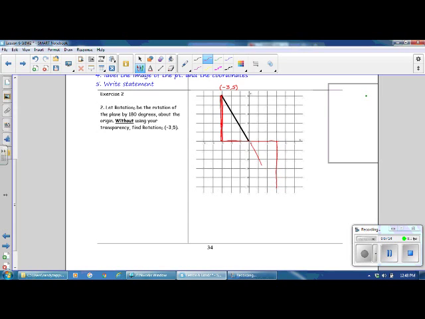So this distance is also the same as the original distance. So we can use that information to plot our new point. So the rotation, let's write our statement. The rotation about the origin for the point (-3, 5) is the new point (3, -5).